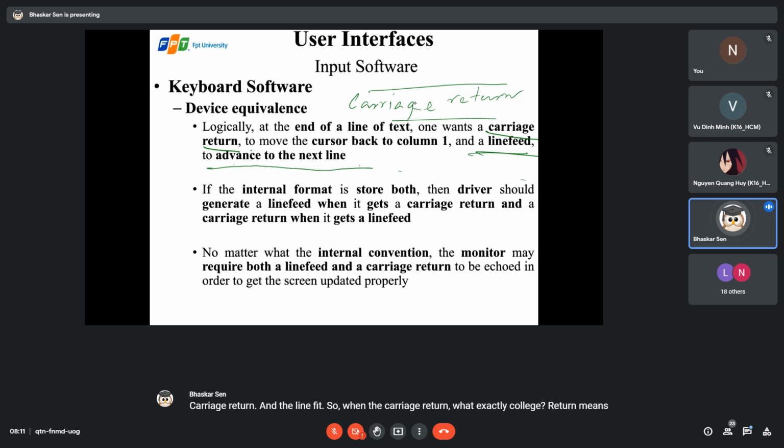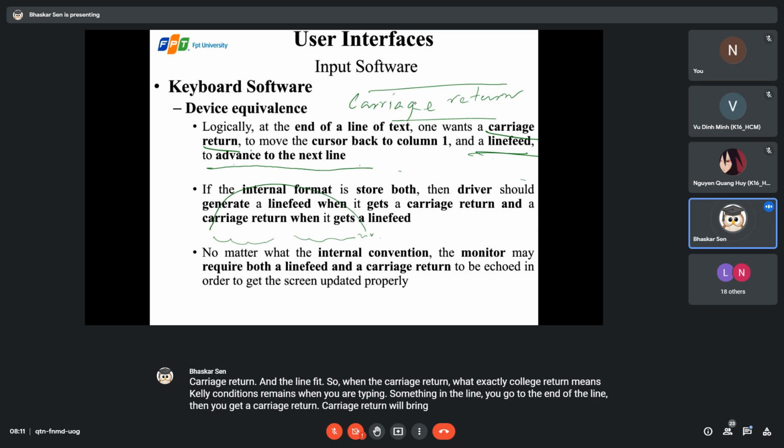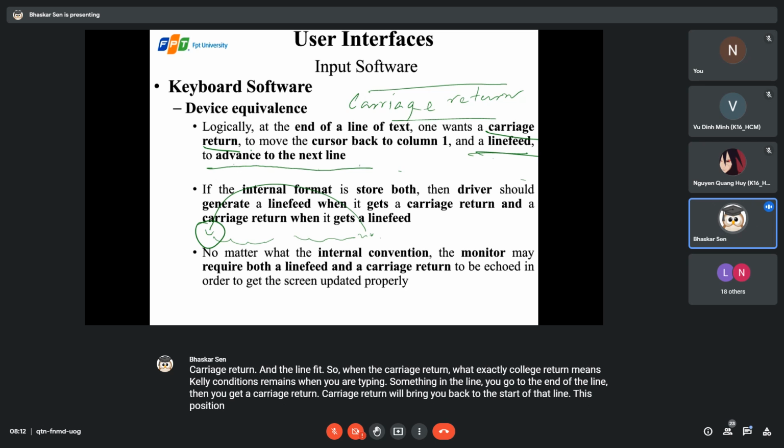Carriage return means when you are typing something in the line and you go to the end of the line, you get a carriage return. Carriage return will bring you back to the start of that line. Okay, this is where you get started.